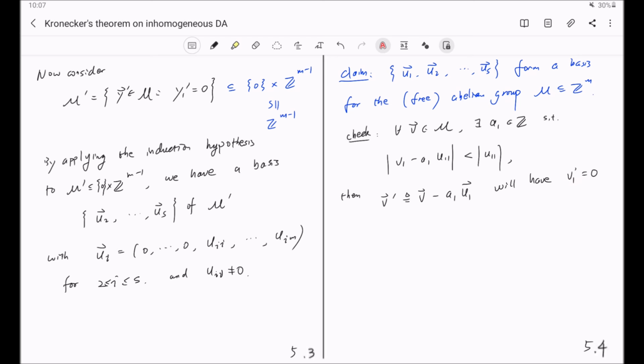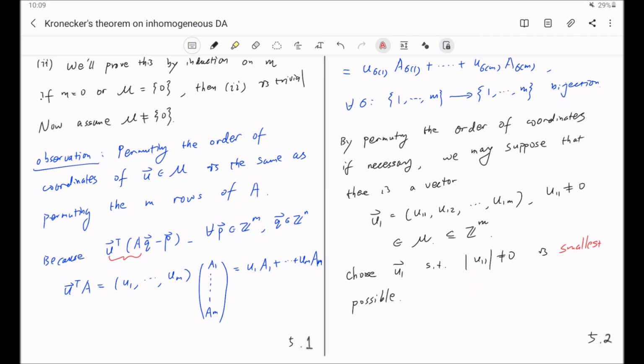Do you see why? This is because we have chosen u11 to be the integer whose absolute value is the smallest possible value for the first component of u1, which is non-zero.